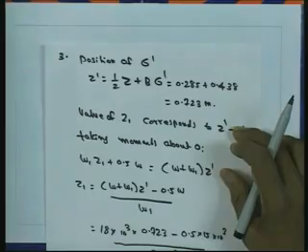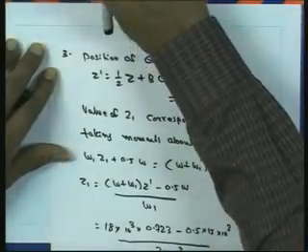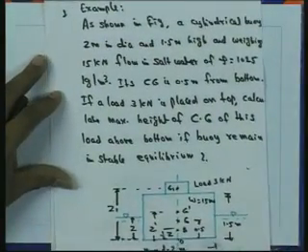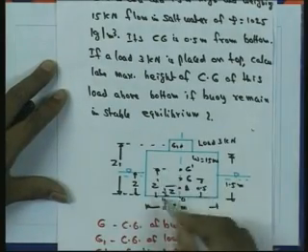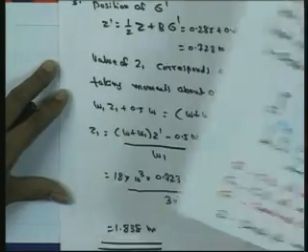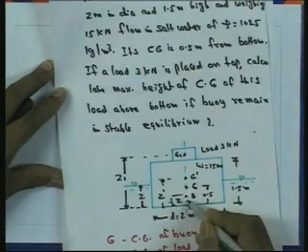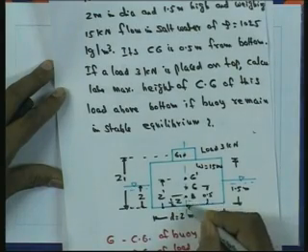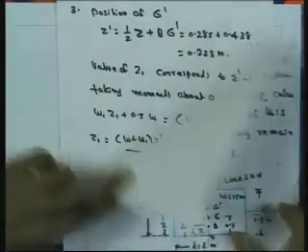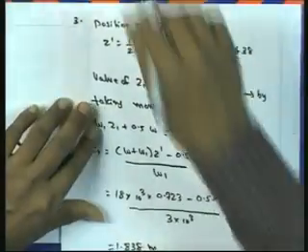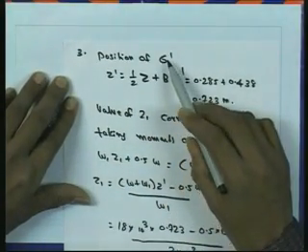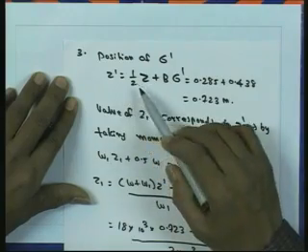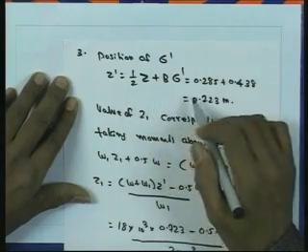Now we want to determine the new position of G dash due to the added weight. The position of G dash from the bottom of the buoy is Z dash. So Z dash is equal to OB plus BG dash, and OB is equal to half Z. So Z dash, the new center of gravity position, is half Z plus BG dash.